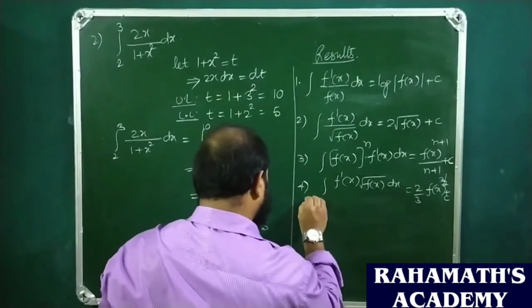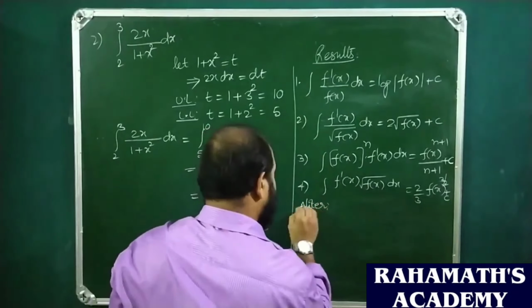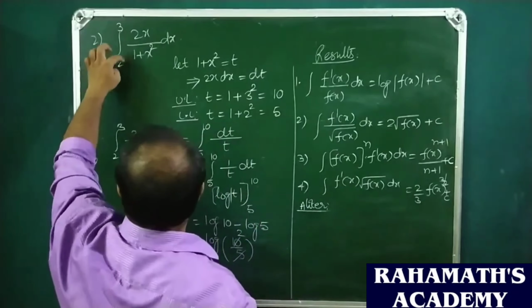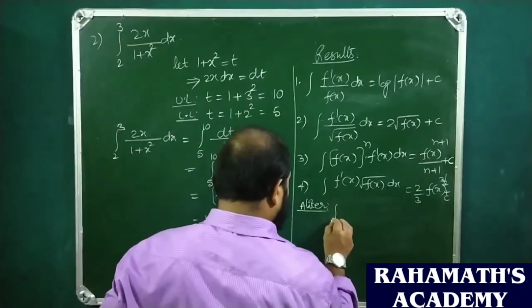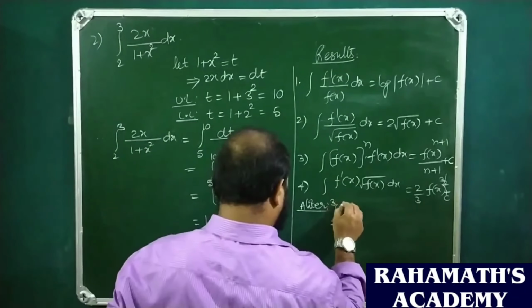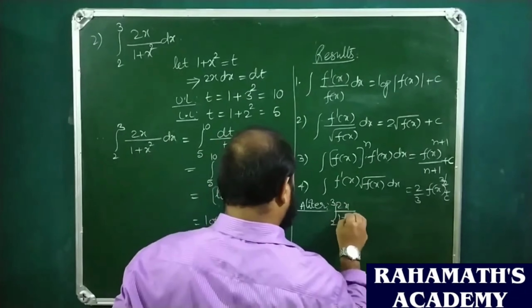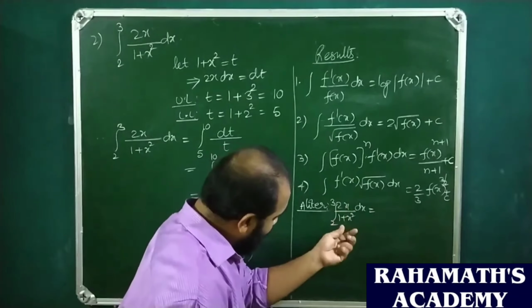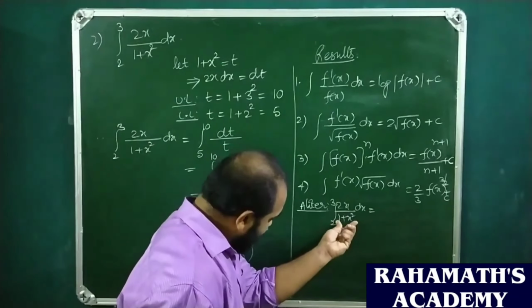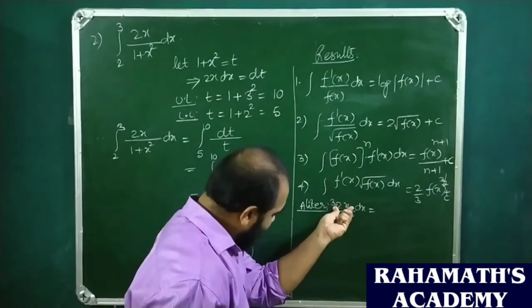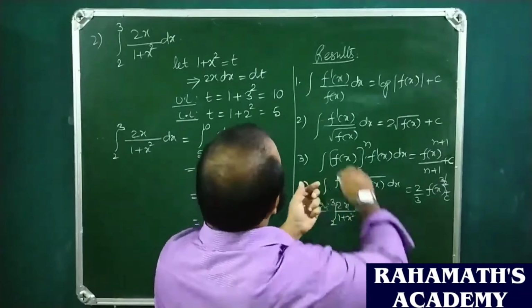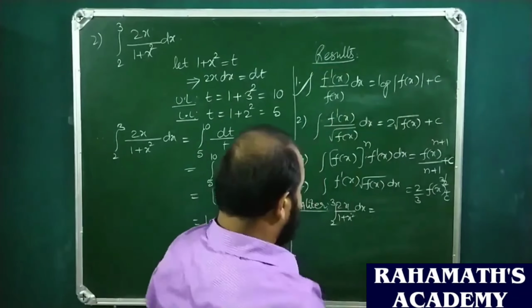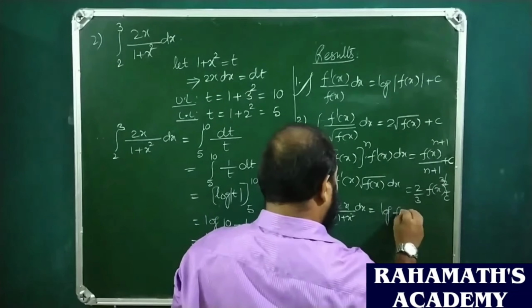So 2x by 1 plus x square dx: 1 plus x square is f of x, its derivative is f dash x. So f dash x by f of x dx gives log f of x.